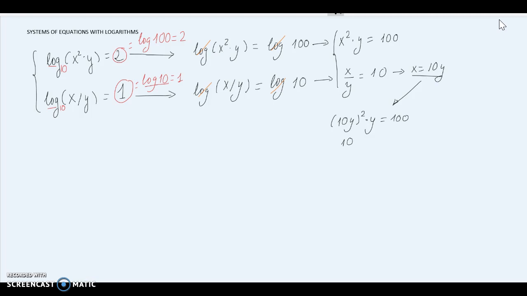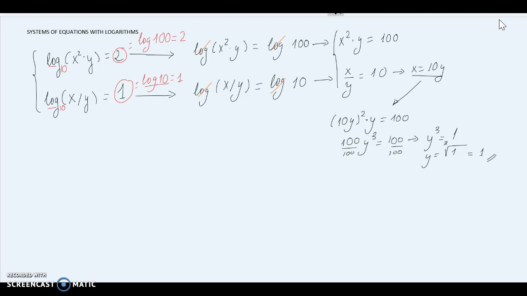This is 100 y squared times y, which is y cubed, equals 100. We divide now by 100, so y cubed is 1. So y is the cube root of 1, that is 1. The first solution will be 1.